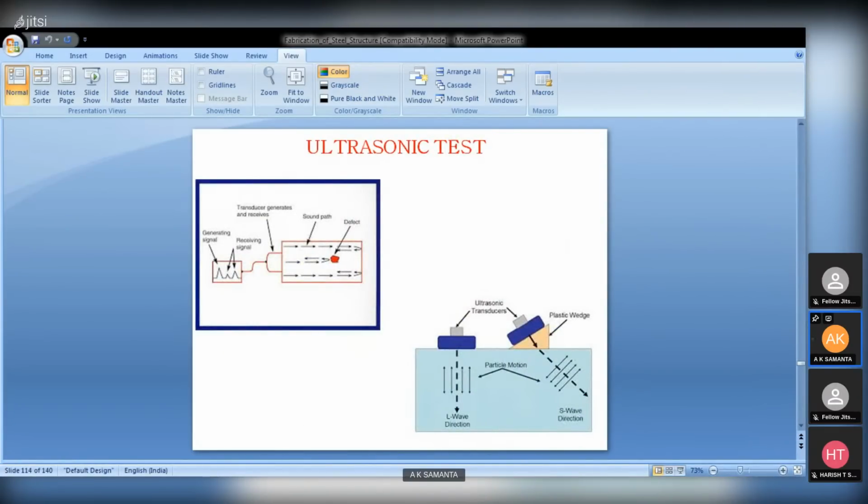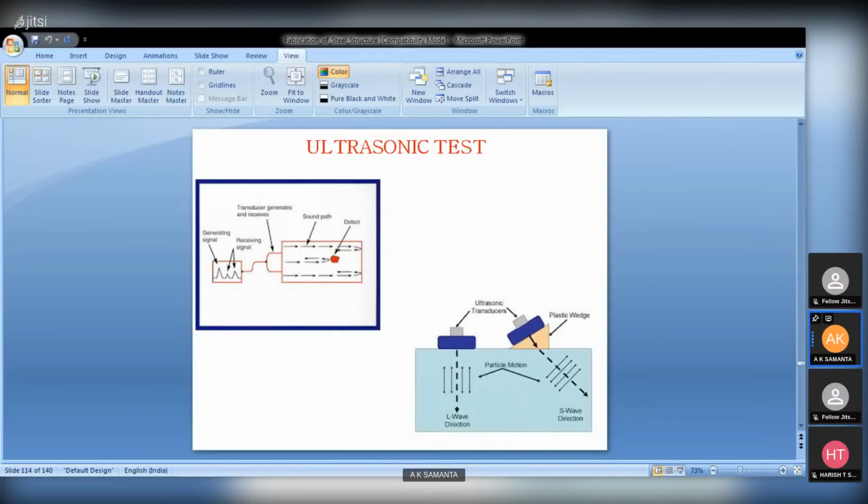You can see on the left hand side that one inside crack is there. So in the ultrasonic machine, the probe will be placed there, and ultrasound will be sent. And we know ultrasound is reflected where the density of the medium changes. So if a crack is there inside, then from the crack, ultrasound will be reflected back.